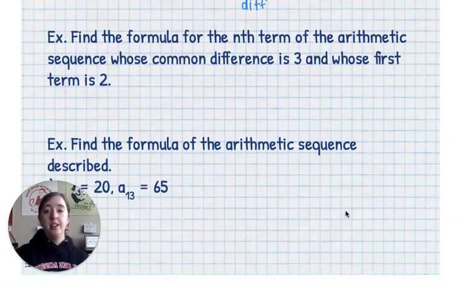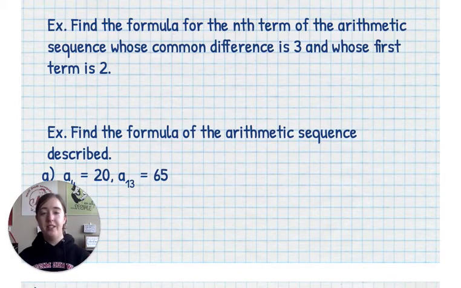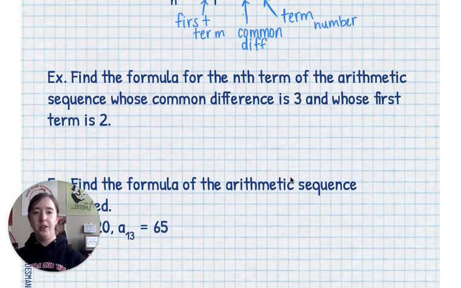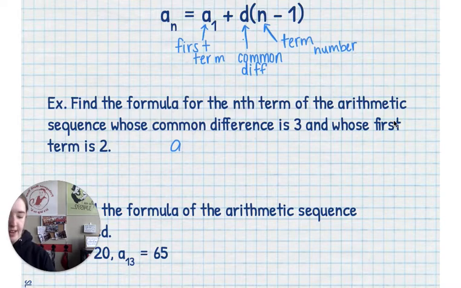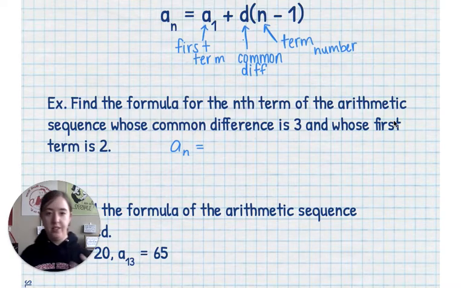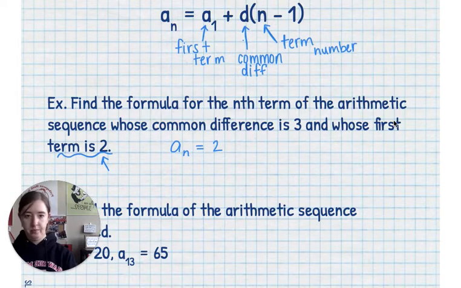Okay, so what we want to do first is find the nth term of the arithmetic sequence whose common difference is 3 and first term is 2. So let's start filling in what we know. We want the formula, so we're going to have a sub n at the beginning. Our first term is 2, so that's a sub 1.